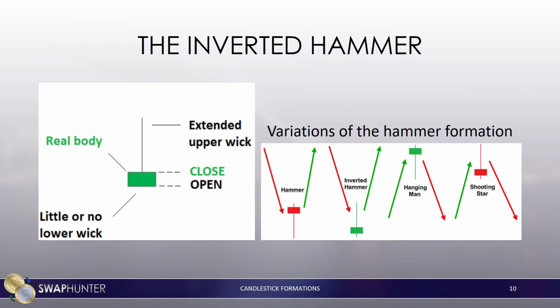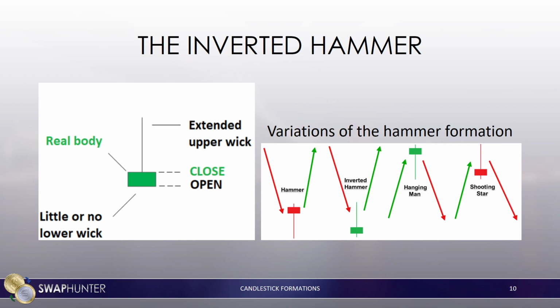So how do we identify an inverted hammer candle pattern? The candle has a small body, a long upper wick, and little or no lower wick. The extended upper wick suggests that the bulls are looking to drive prices upwards.